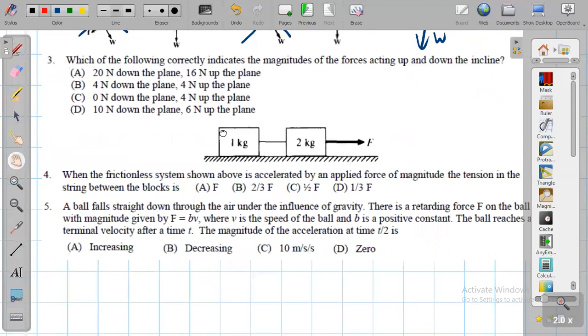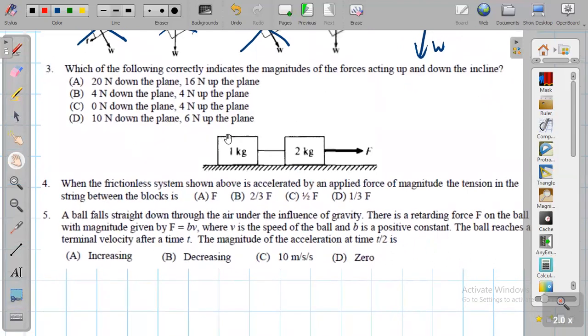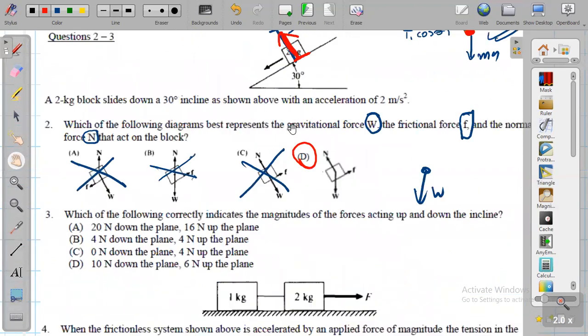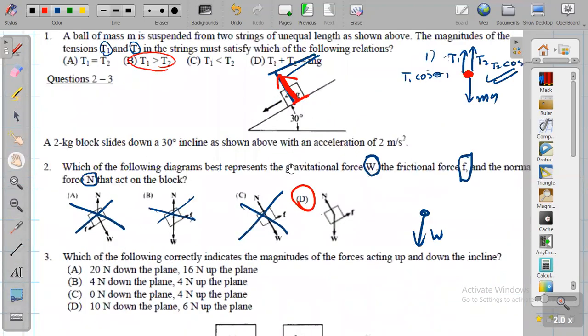Now let's go for the third one. Which of the following correctly indicates the magnitude of the forces acting up and down the incline? Up. Okay. Now up and down.